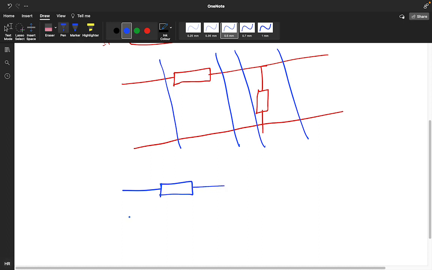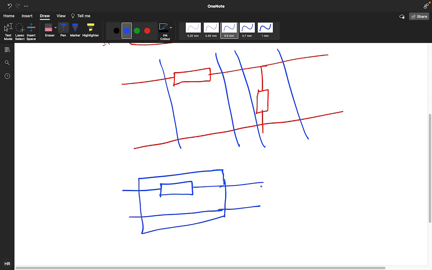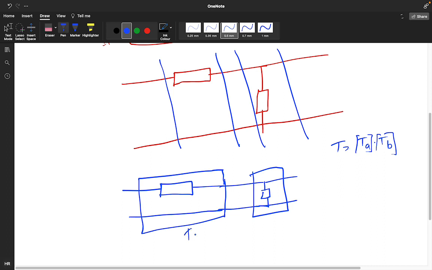This is your first two-port network, and this particular one is your second two-port network. You remember, in a cascaded two-port network, the total equivalent is TA into TB, right? In ABCD parameters we had seen. So you need to find the transmission parameter of this network and of that network, and both will get multiplied, right?